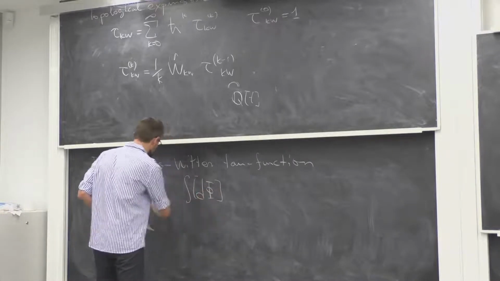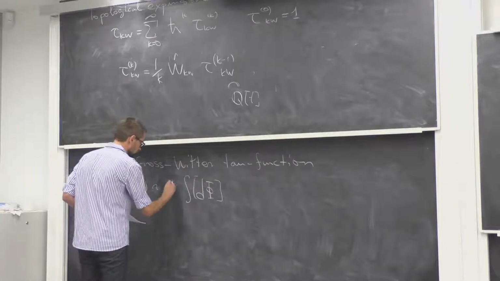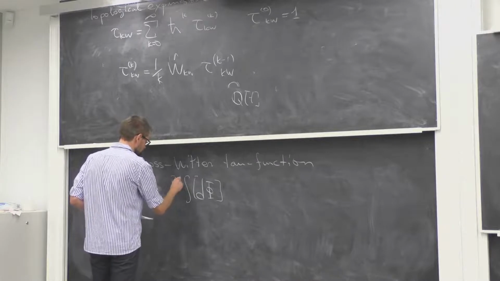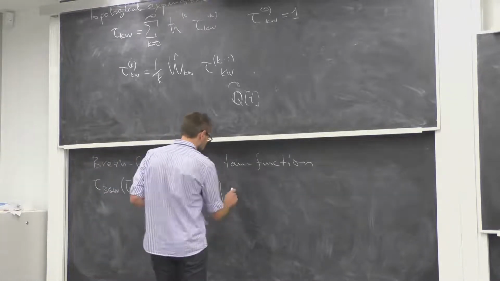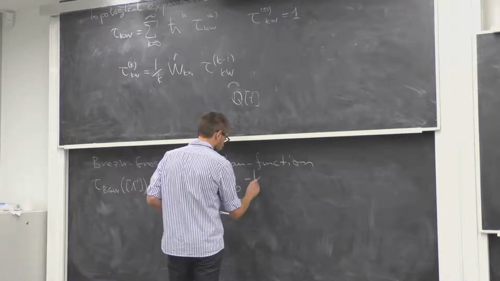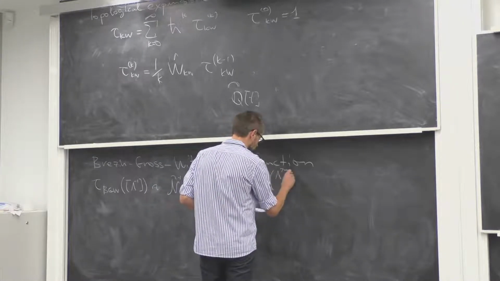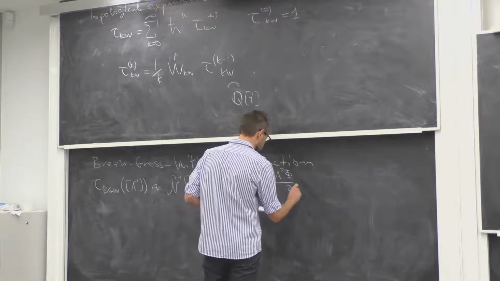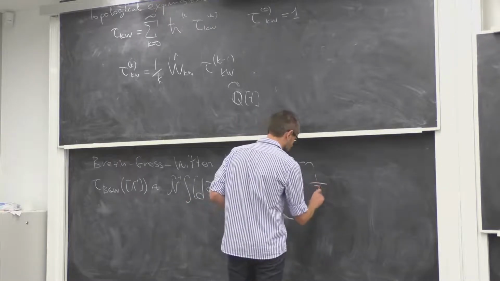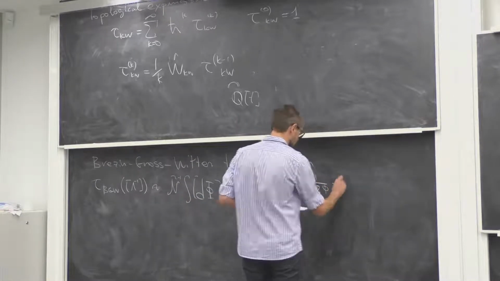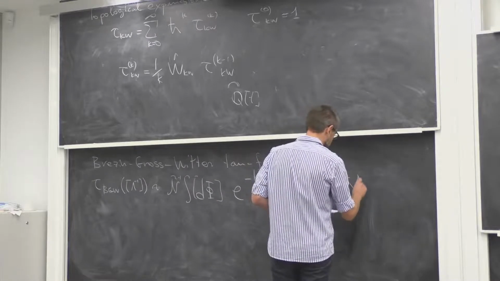Again, we take the asymptotic expansion, with some normalization coefficient, a different one, e to the minus 1 over h bar.